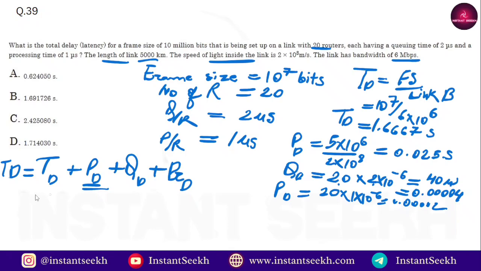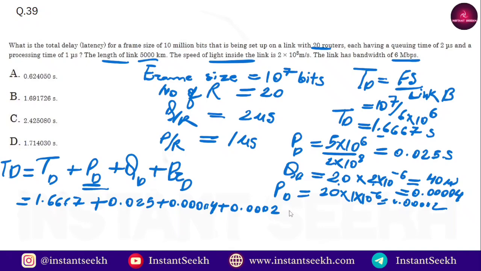Now let's place all the values. TD we have got 1.6667, plus propagation delay, which is 0.025 seconds. Then we have queuing delay, 0.00004, and processing delay, 0.00002.